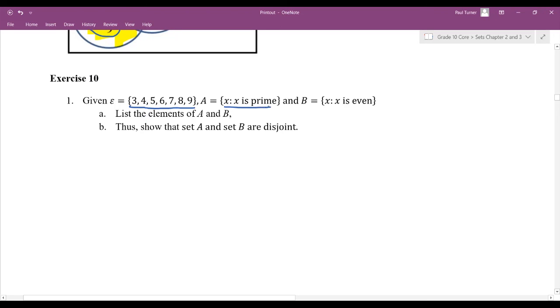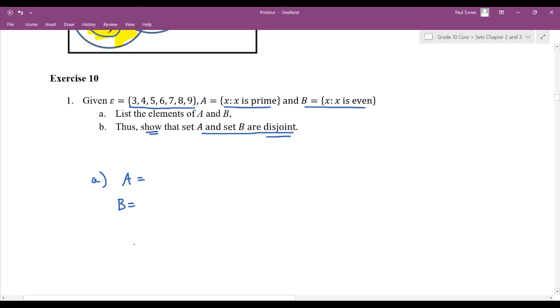A is prime and B is even. So list the elements of A and B. So you want to do that first? I'll give you a minute. So tell me what is in A and the elements in B, and then show that the sets A and B are disjoint. So how are you going to show me they're disjoint?